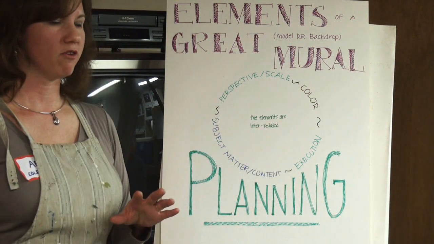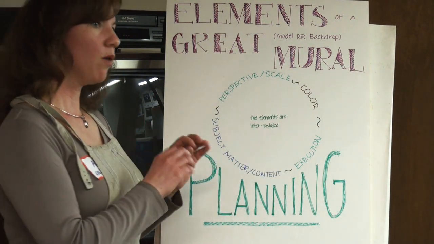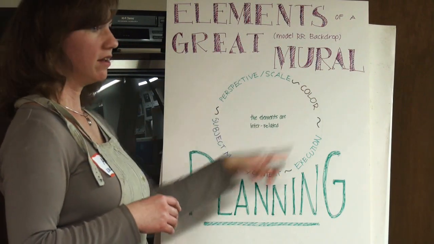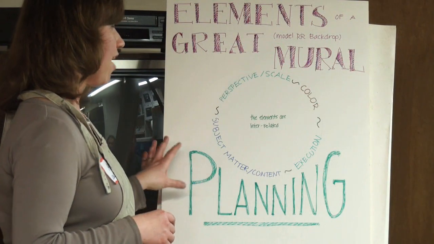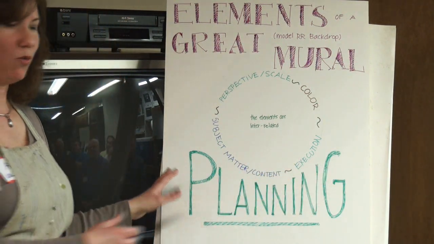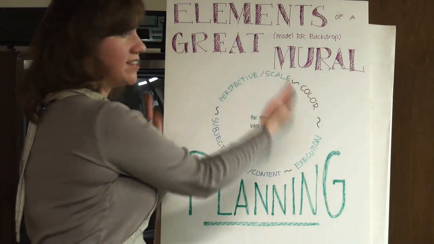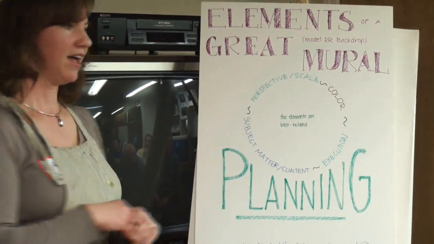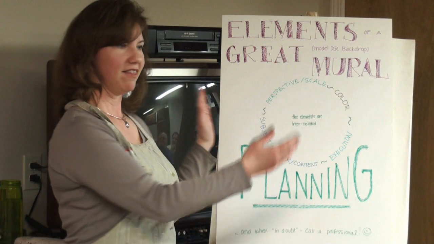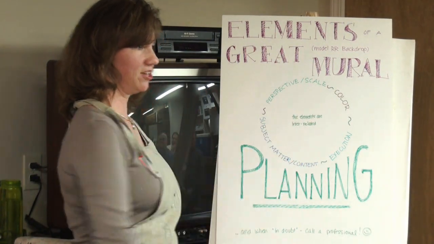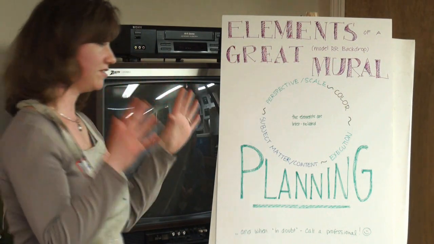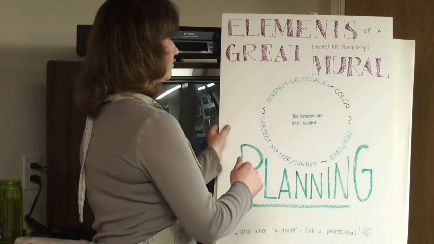I think there's not one particular thing that's more important than another, which is why I drew it in a circle. I also think that planning will keep all these elements from rolling around in chaos. If you have good planning, then you have a nice, neat little package here. So that's why I've illustrated it this way. Hopefully that will stick in your head.